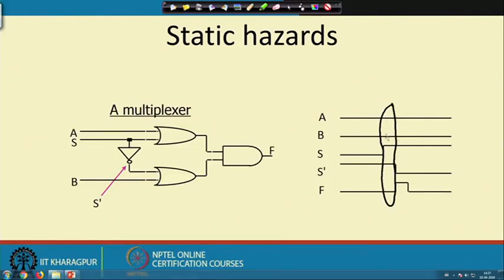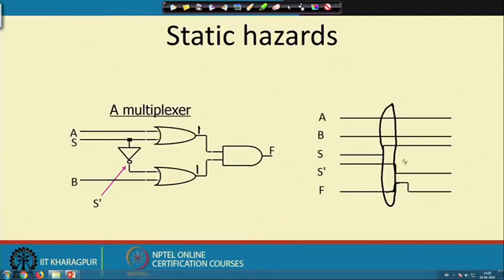Here A is 0 and S equal to 1, so the output of this OR gate is 1, and for the lower OR gate B is 0 and S dash is also 1, so here also you get a 1. So, this AND gate's inputs are 1. After the gate delay of this AND gate, this signal will go to high.